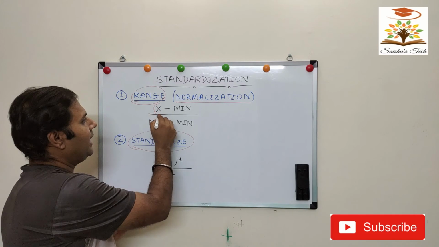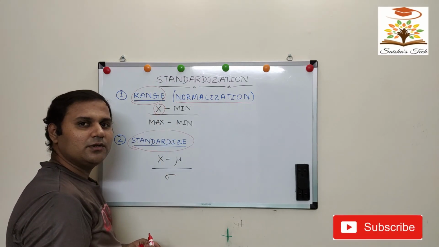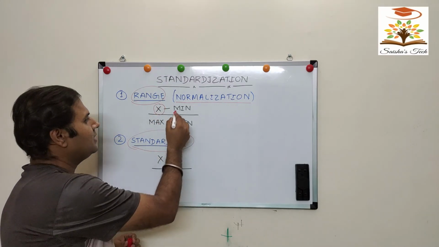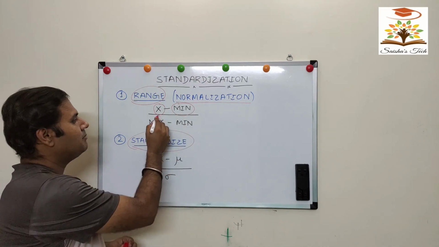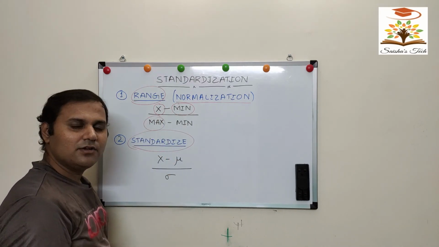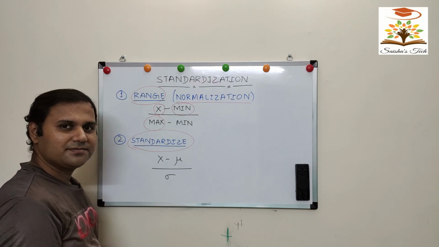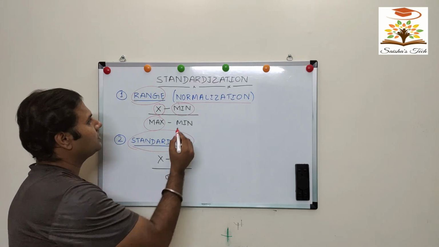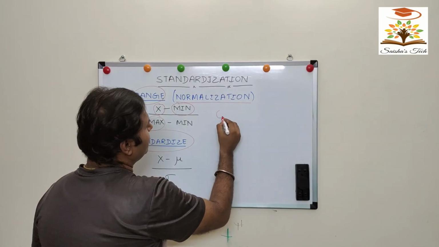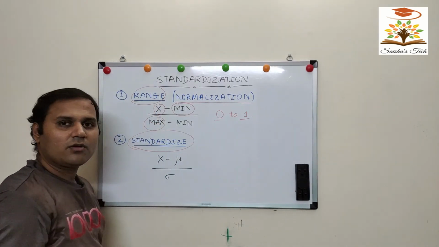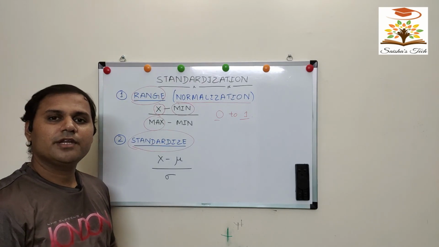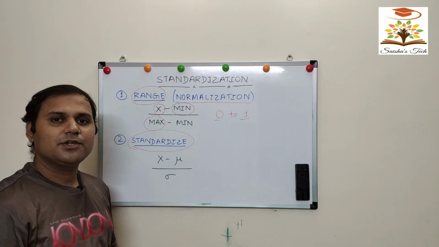Here, x represents each value in the numeric attribute, min represents the minimum value in an attribute, max represents the maximum value in that numeric attribute. The values of a range method lie between 0 to 1. That is, after normalization, you have the numeric attribute values ranging from 0 to 1.